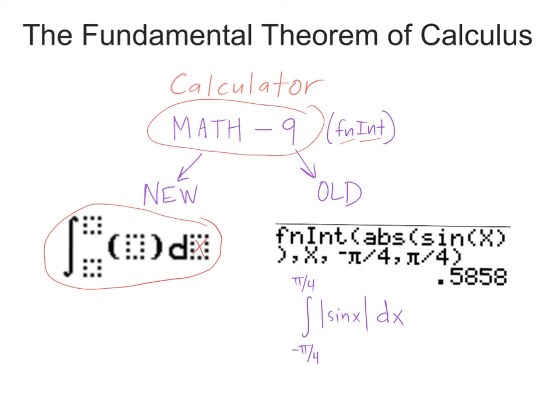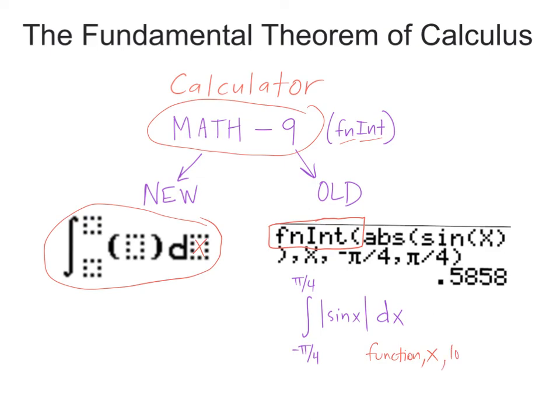If you have a little bit older calculator, when you do FNINT, it's just going to pull up the command and this opening, the start of these parentheses. If your calculator's older, you first type in the function, then you type comma x, and that's like your dx. You need to tell your calculator what the variable is.